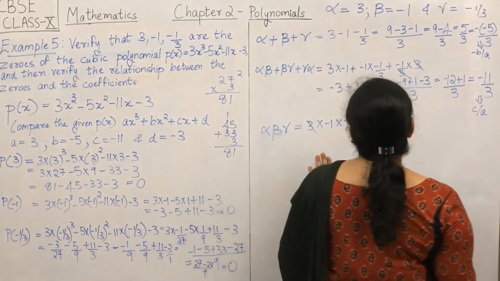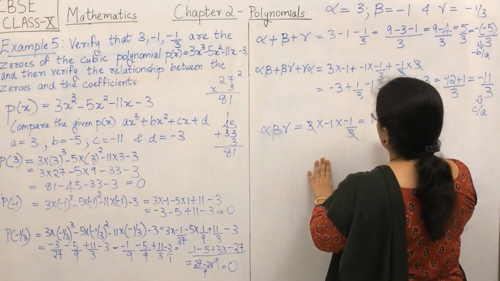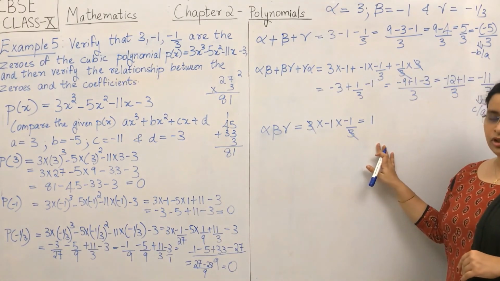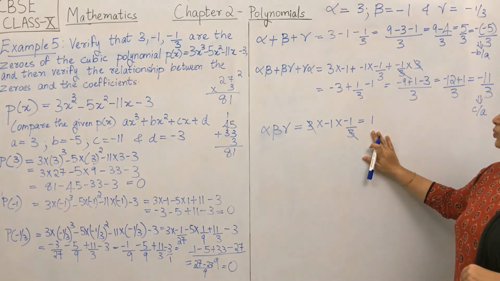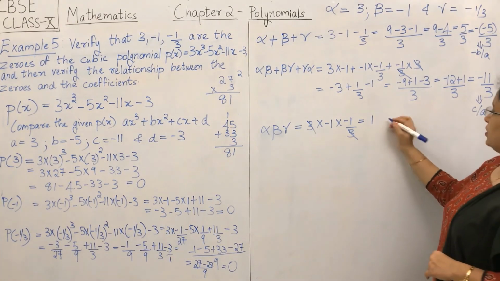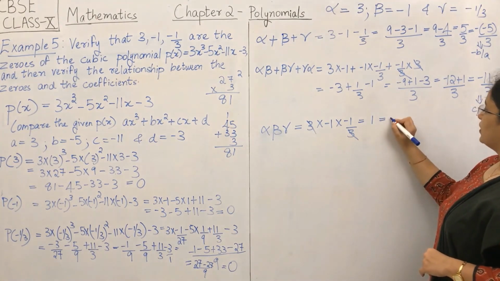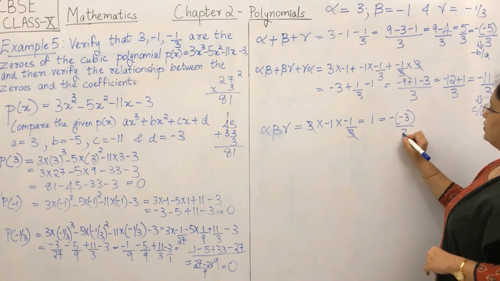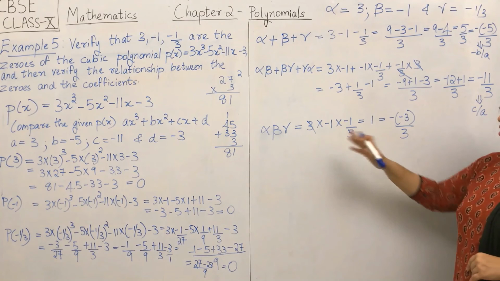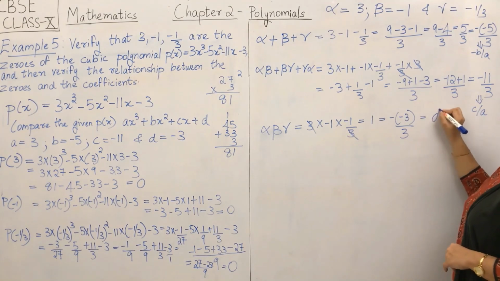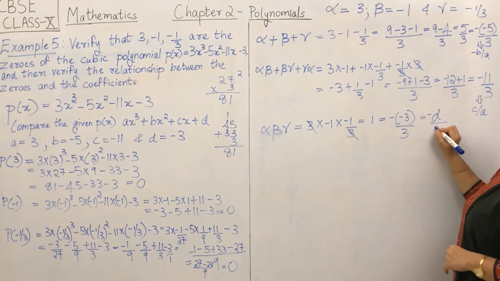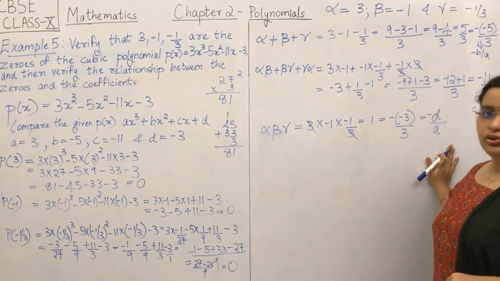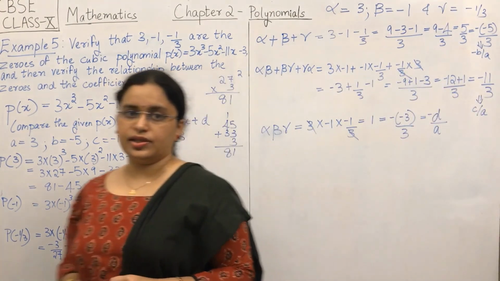Answer equal positive 1. So we get confusion why it came positive 1. It can be written as like this, right? Minus of minus 3 by 3. Right? This is equal to minus d by a. So we verified the 3 cases.